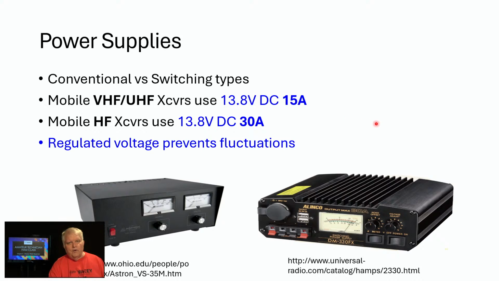So if you go to Ham Radio Supply or DX Engineering or Gigaparts or Main Radio or some of the other amateur radio suppliers, R&L, power supplies. These are the things you want to look for. And they're all going to be regulated so that they keep the output voltage constant at 13.8 volts.